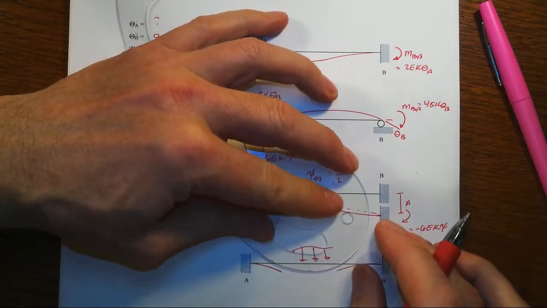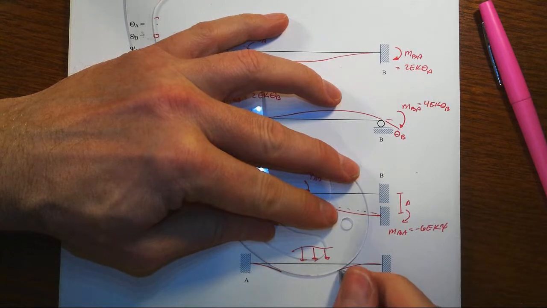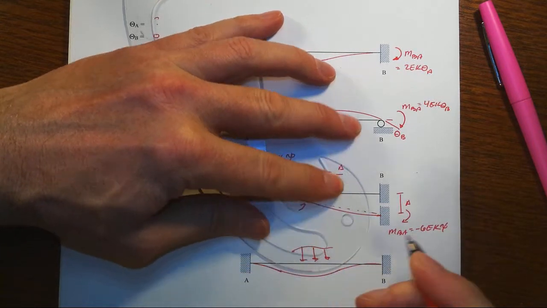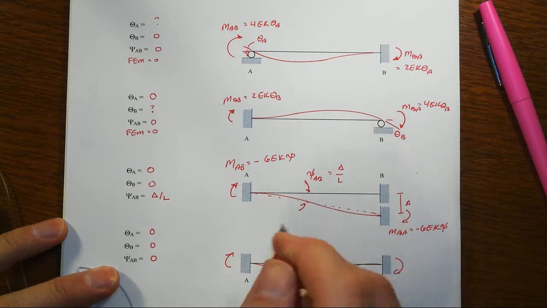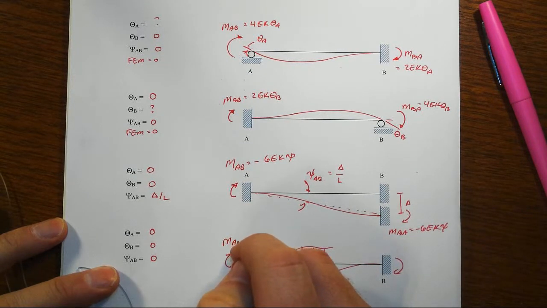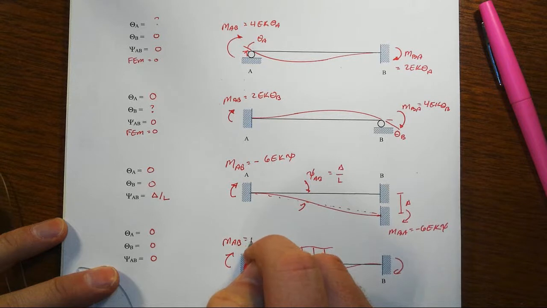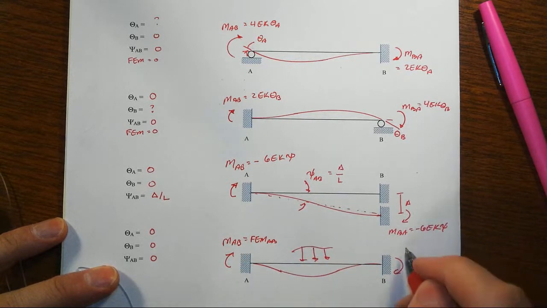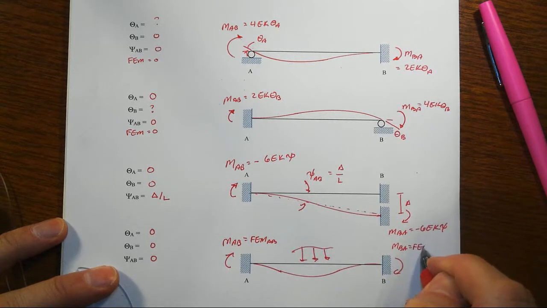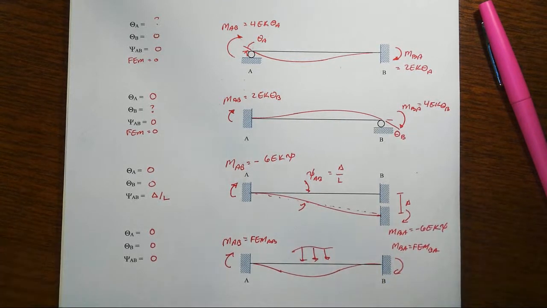There again we've got our member end moments that come from those fixed ends, and so the fixed end moment AB would have to be negative in that particular case, and MBA will be your fixed end moment BA. In another part we'll talk about how you calculate what those fixed end moment terms are.